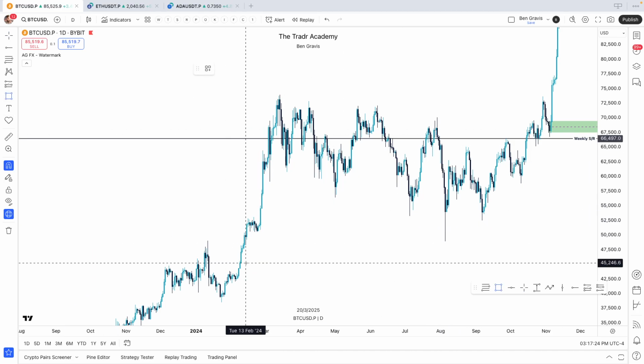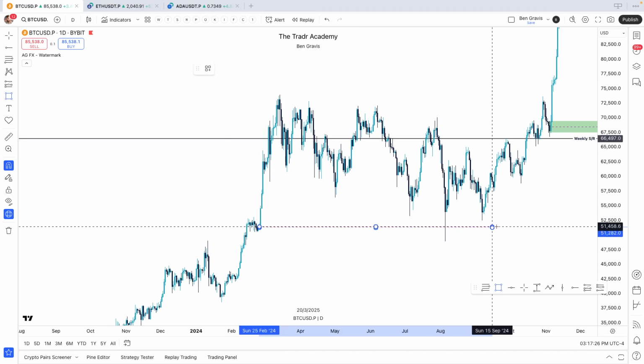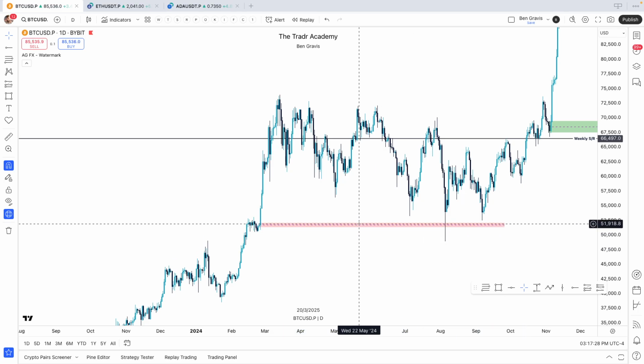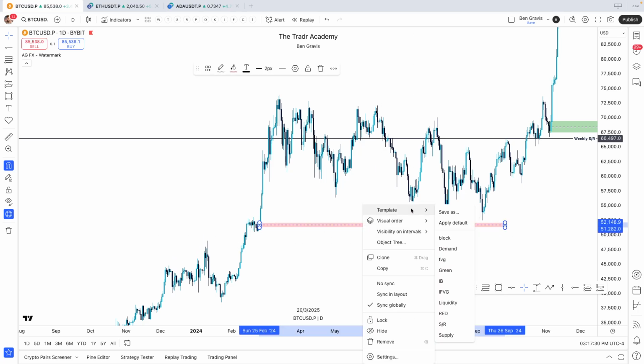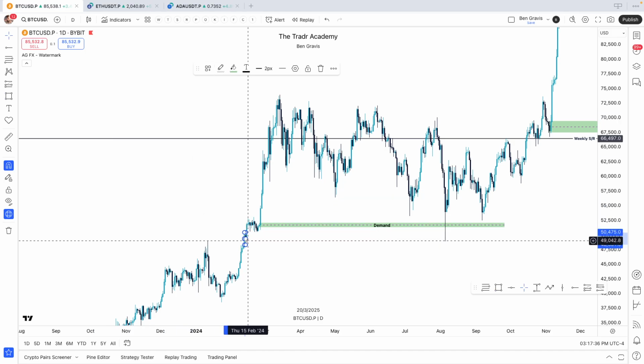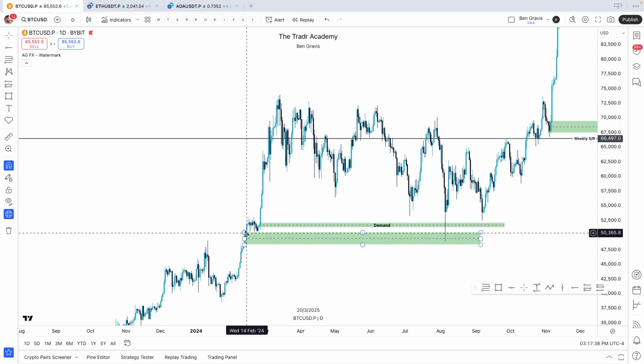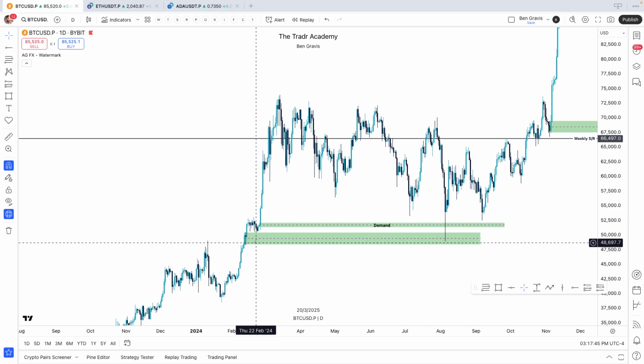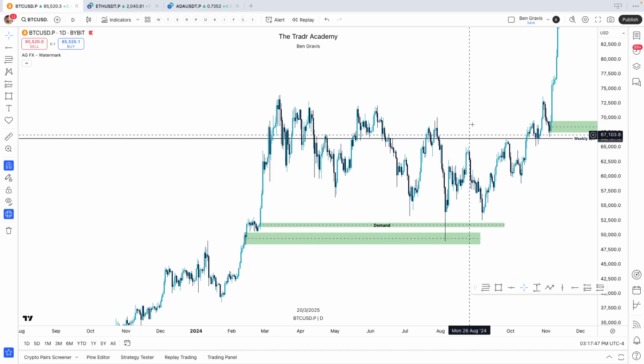And clearly on the daily, you have this wick as demand, and you have eventually this one as well, because we have a fair value gap, and it's still open. It's the same thing. It never touched. So you have a fair value gap, EQ of this candle, and then we went higher.